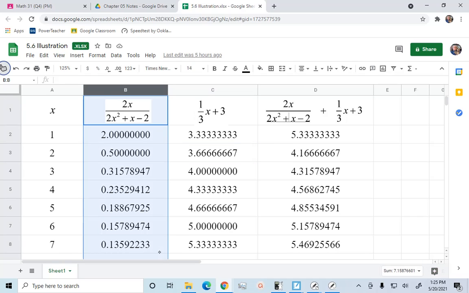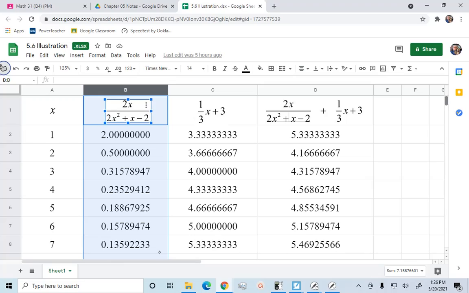But take a look at column B. As x gets larger and larger and larger, column B gets smaller and smaller. Because the limit, as x approaches infinity, of this thing in column B is 0. Because the degree on the top is less than the degree on the bottom.